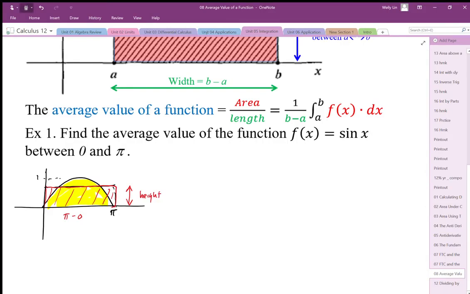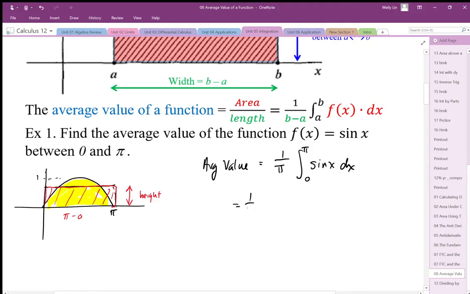So this is what I'm going to go ahead and do. My average value, or in other words, my average height, is going to be the interval width, 1 over pi minus 0, times the area under the curve in that interval, the integral of sine x from 0 to pi.